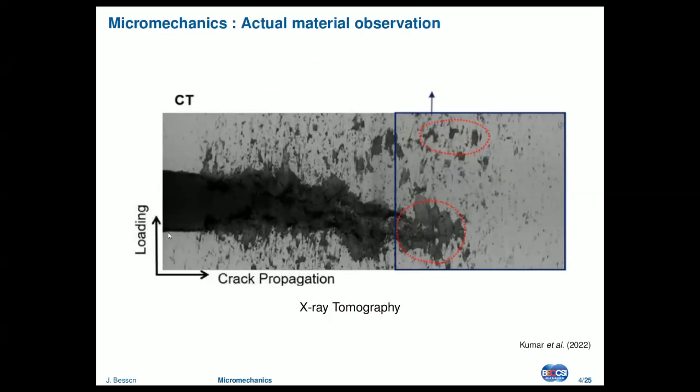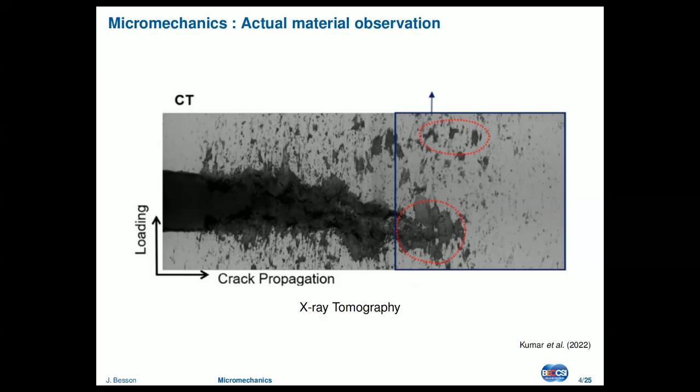And this is an X-ray tomography of the specimen. So we made a slice inside the CT specimen, and what you have here is the summation of voids over 1 millimeter thickness. You see, it's a quite complex void arrangement of damage around the crack. Not so much damage ahead of the crack, by the way.